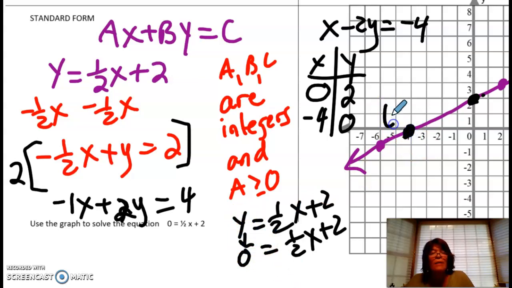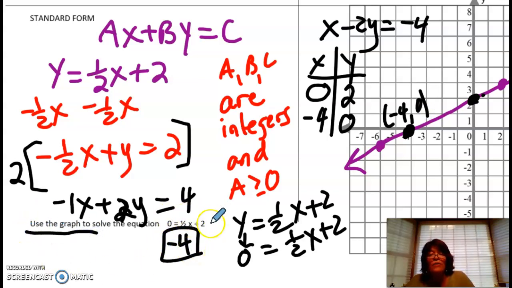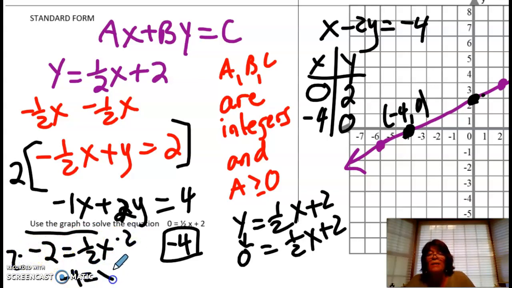Isn't that right here? So using the graph, I think the answer is -4. It says use the graph. I understand I could use algebra. I could have subtracted 2 from each side and then multiplied each side by 2 to get -4 equals x.